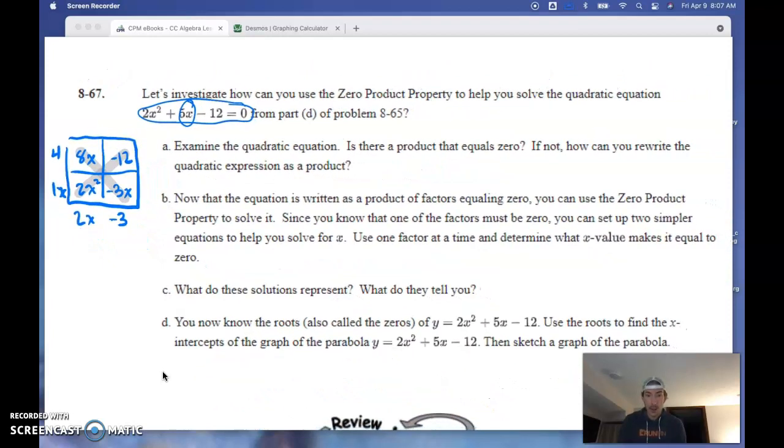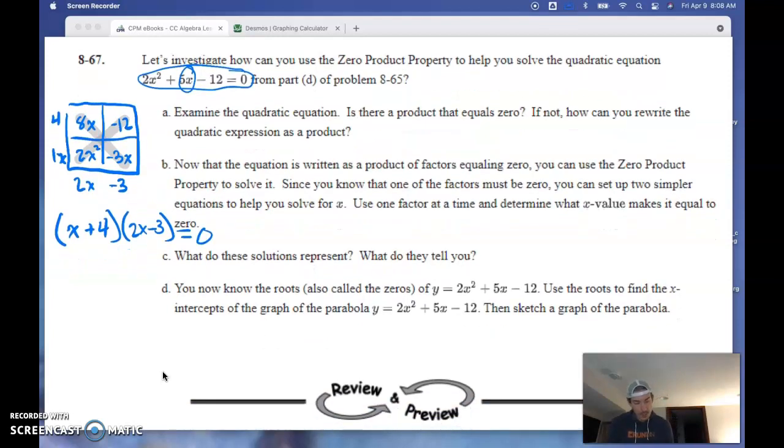Okay? So I'm going to go ahead and rewrite this in factored form. I've got x plus 4, and I've got 2x minus 3, and I'm going to rewrite that equal to 0. And what we're going to do here, folks, is use that zero product property.